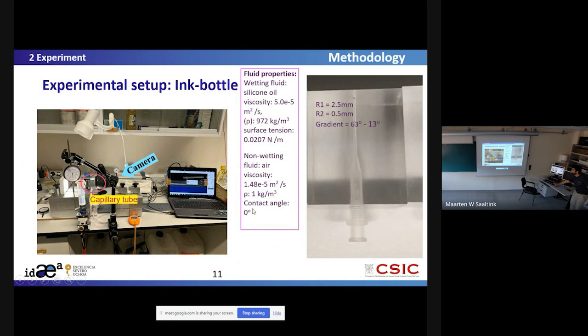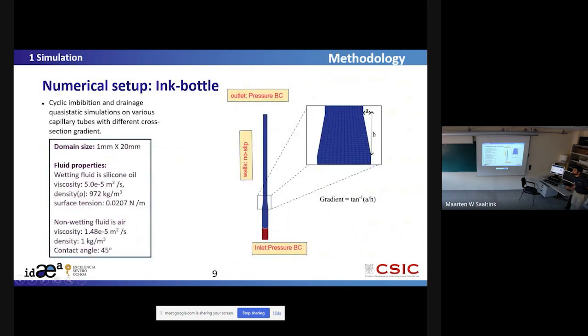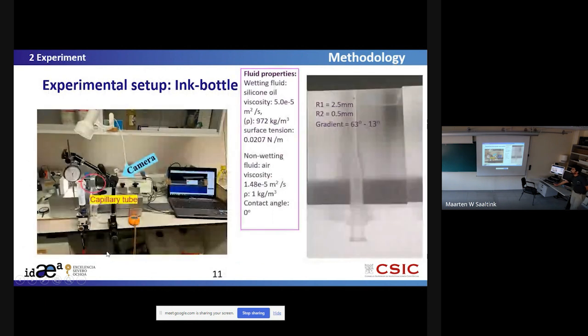In the simulation, as you may remember, the contact angle was 45 degrees, but in experiments it was 0 degrees. I didn't know this. I ran my simulation with 45 degrees, but when I started my experiment, it was 0 degrees. So this was the difference.